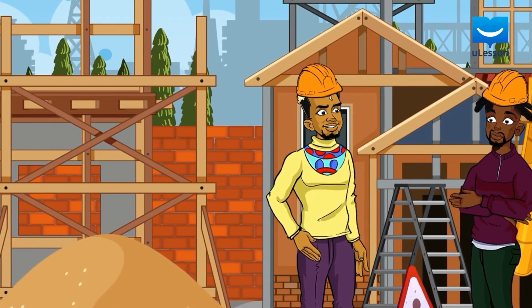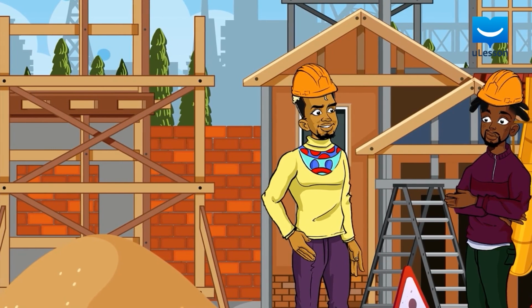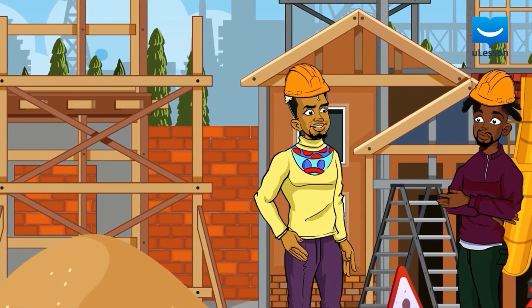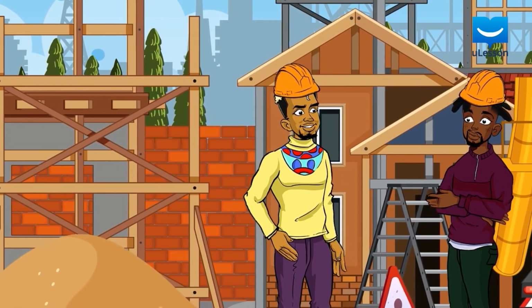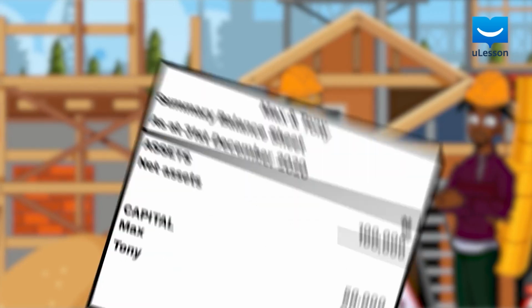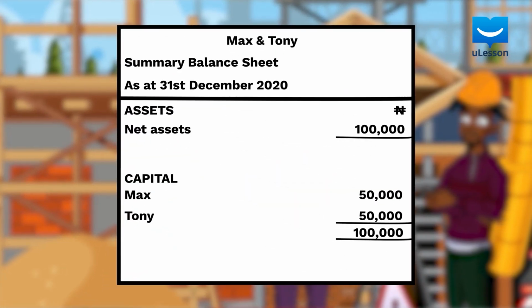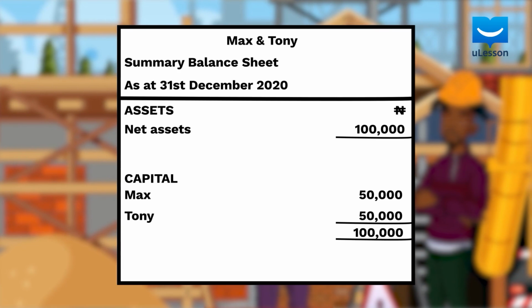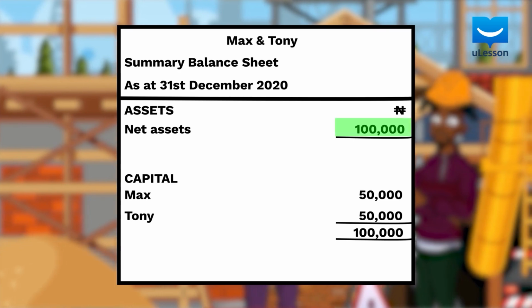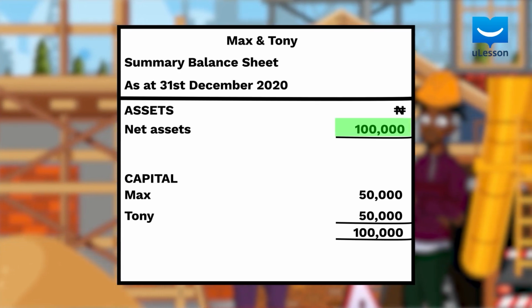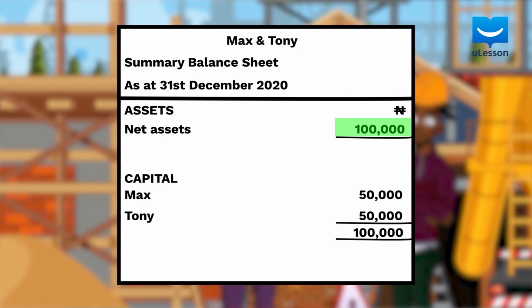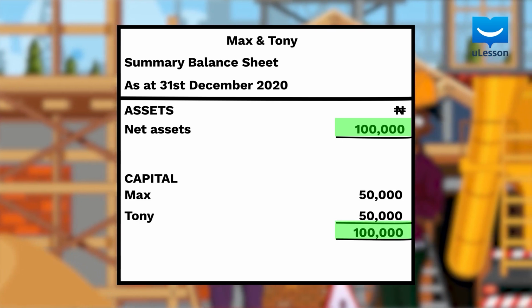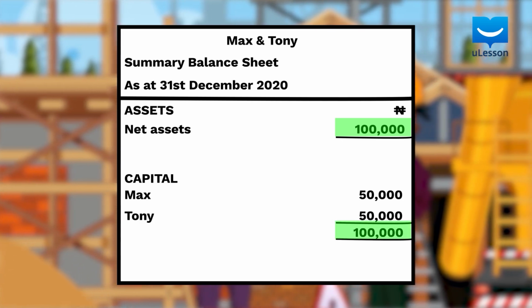Max and Tony have operated a partnership business in the construction sector for quite a number of years. They have been sharing their profits and losses equally over the years, and a summary of their balance sheets shows that the net assets of their business is 100,000 naira, which is equivalent to the total capital contributed by the partners.